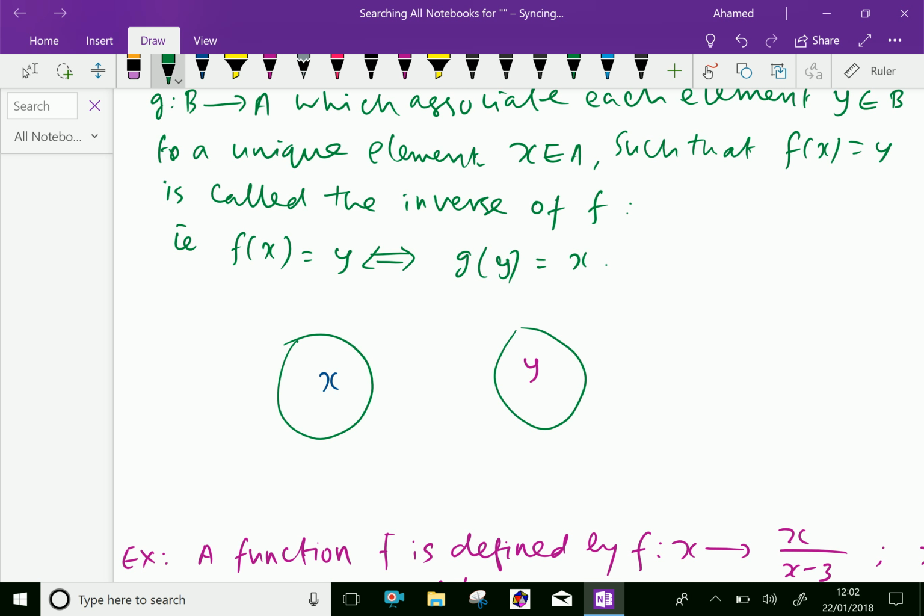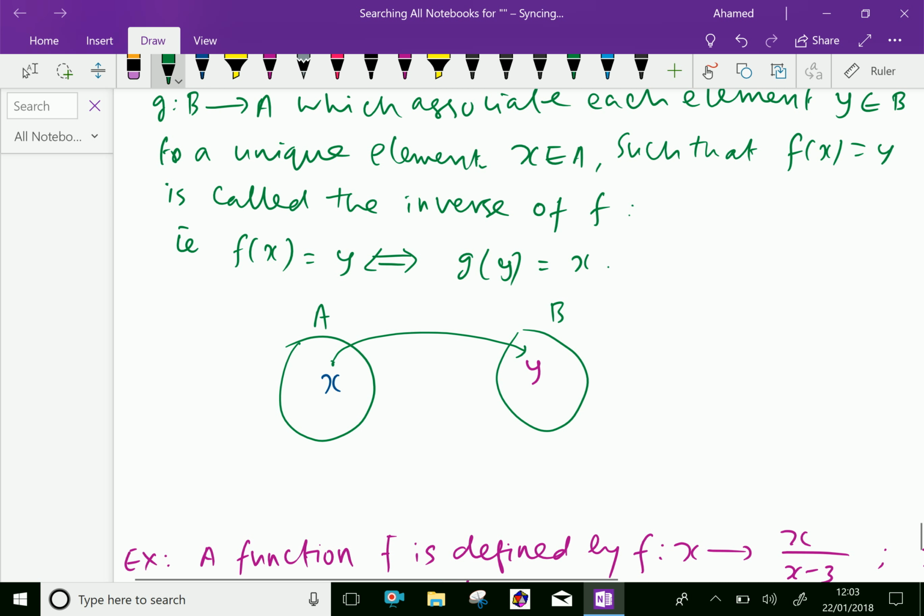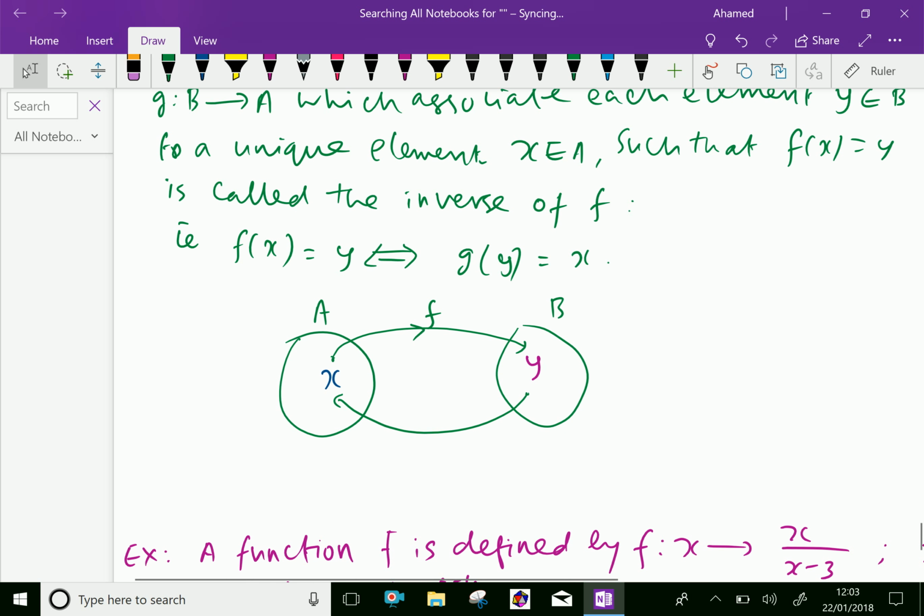Now this set is A, this is B. From A to B is function f, but from y to x, that is B to A, is f inverse.